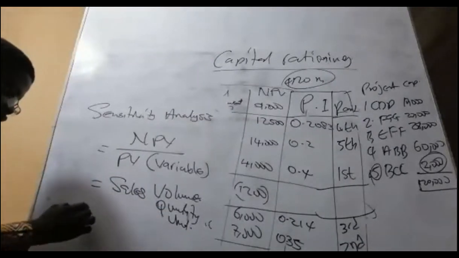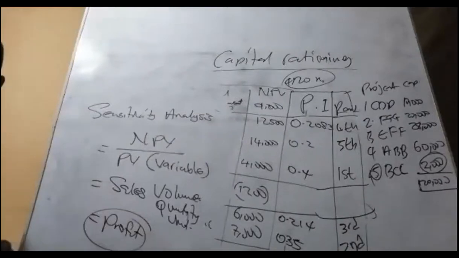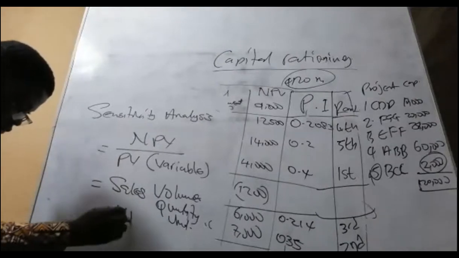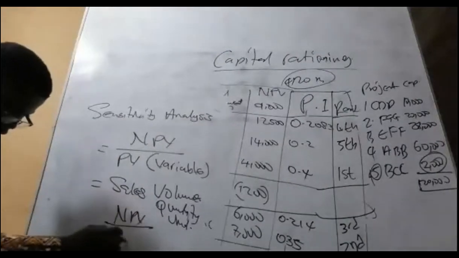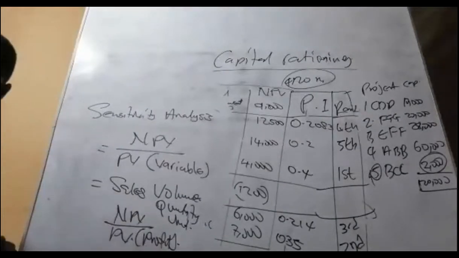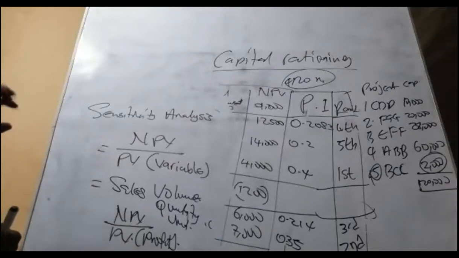They mean that one, use profit. That's all. So the formula will be the NPV over the present value of the profit. That's all. Times 100. All of them times 100 because it will be a percentage. 30%, 20%. We are done.